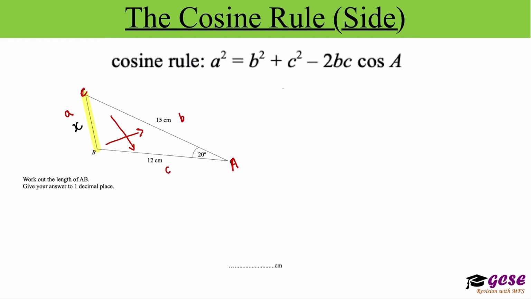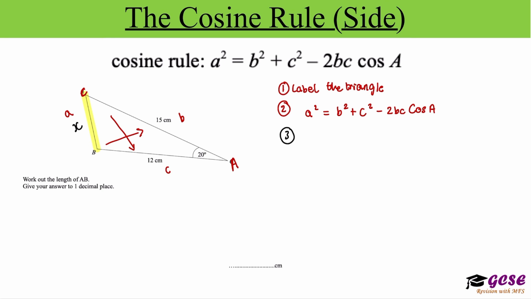Now we've done step 1, which was label the triangle. Now step 2 is going to be write out the formula. So it's going to be a squared equals b squared plus c squared minus 2bc cos A. Okay, now once we've written out the formula, we're going to substitute.